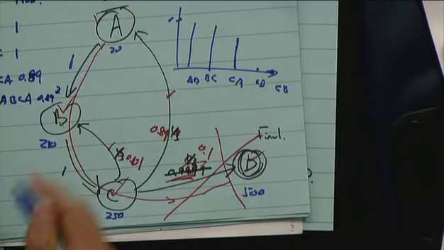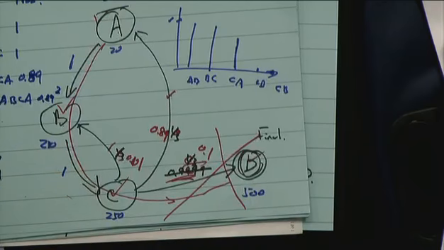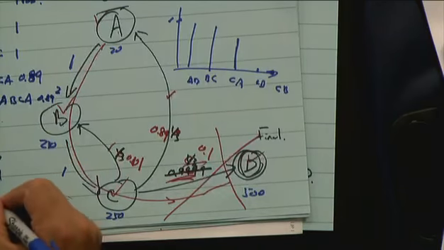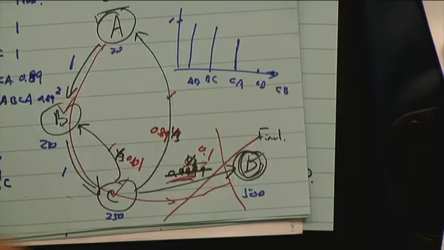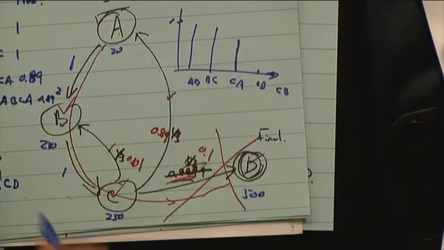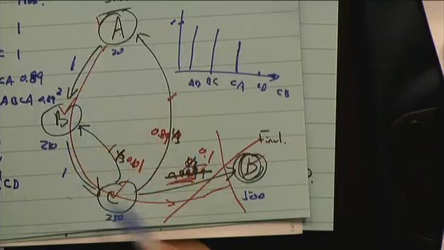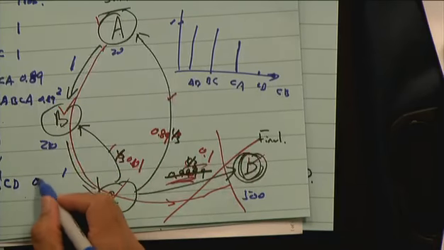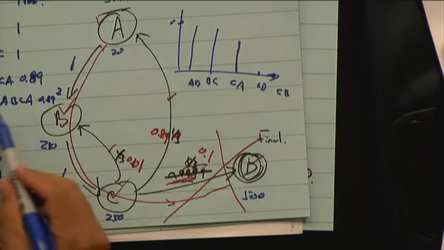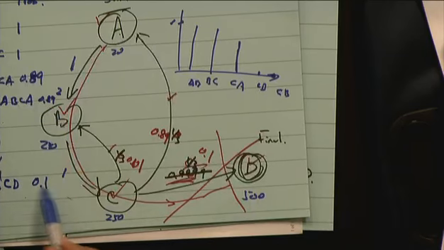And then I can do this, for example, A, B, C, D. That's 1, 1, 0.1, so it's 0.1, which is going to be lower than this one and lower than other things. So I can enumerate this out.